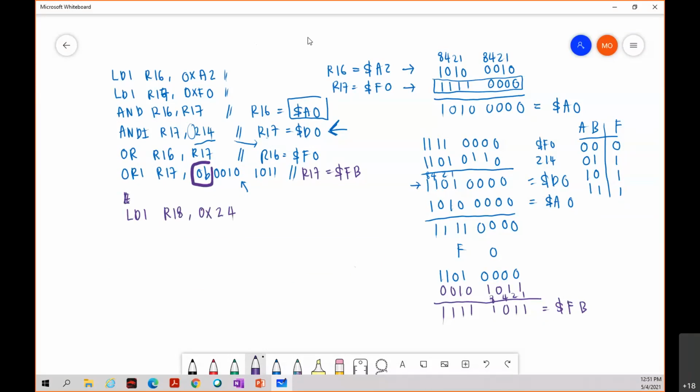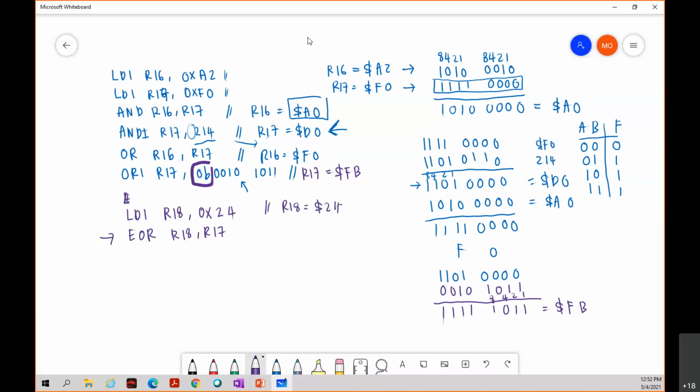And then EOR R18, R17. Before we do this instruction, what happens is that after you execute LDI R18, 0x24, R18 will now have the new value 24, and then you're going to do the exclusive OR.